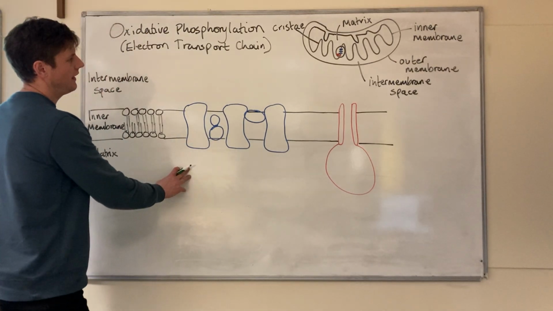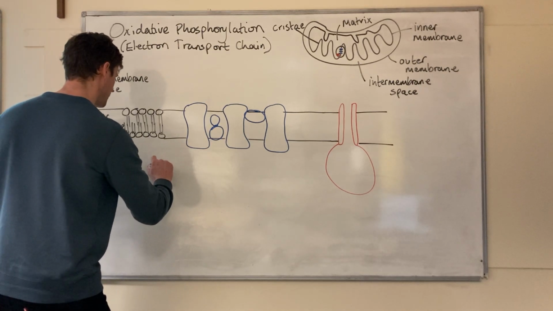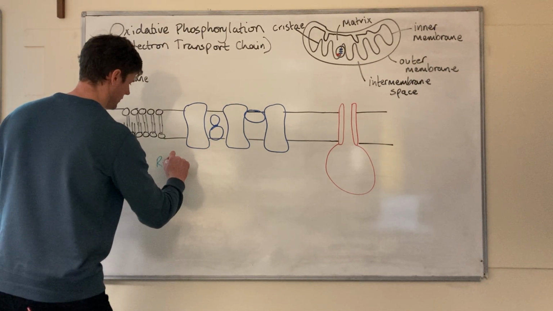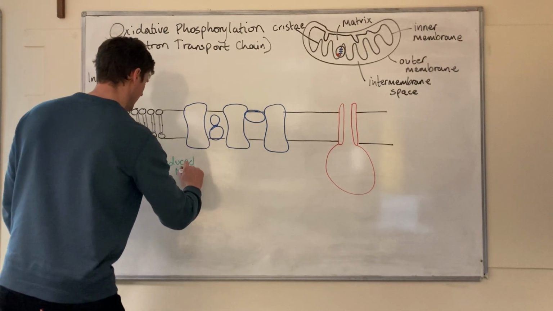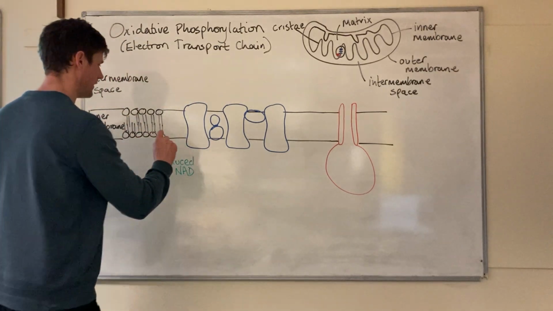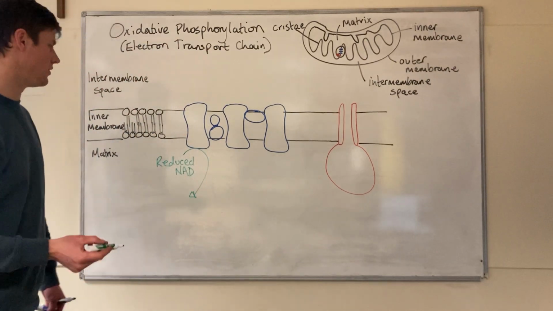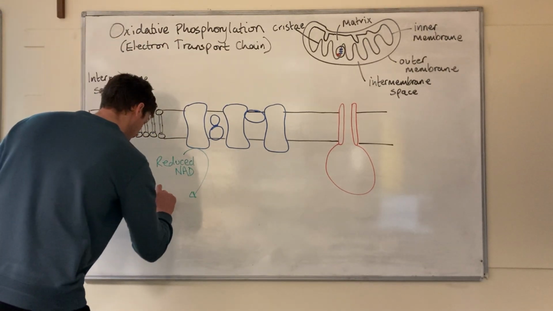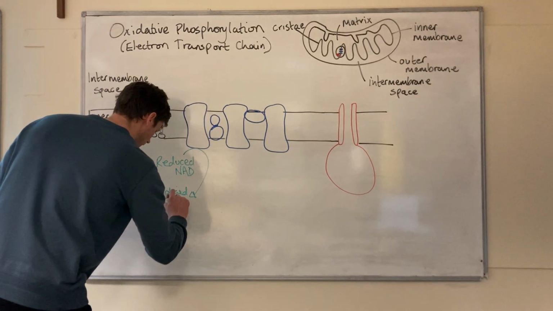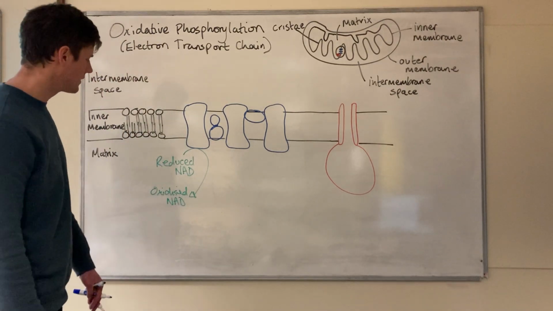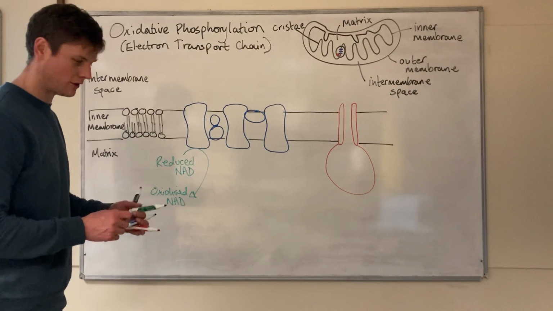At the electron transport chain, the reduced NAD is oxidized back to its oxidized form. And when it is oxidized, it gives up the electrons and the protons.